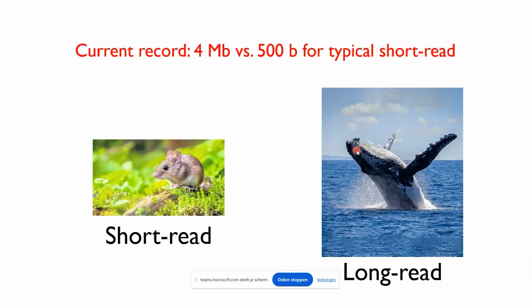And just to give you an idea of what is possible, the current record for long read sequencing is 4 megabases. That means 4 million bases. If you compare that to the 500 bases that you get for a typical short read sequencing, the difference is enormous, right? In theory, the limitation of long read sequencing is your ability to get the longest molecule possible.